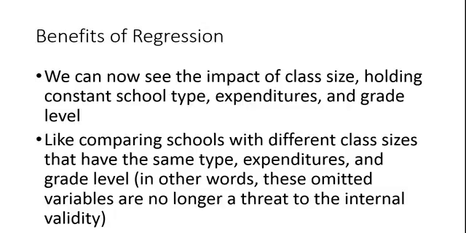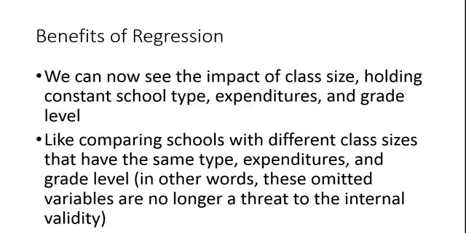So what are some of the benefits of regression? Well, we can now see the impact or the relationship of class size holding constant school type, expenditures, and grade level. So this is a big step beyond simply comparing the means of small class schools and large class schools. We're actually able to account for some of these other variables that could have been confounding or biasing the estimate of class size.